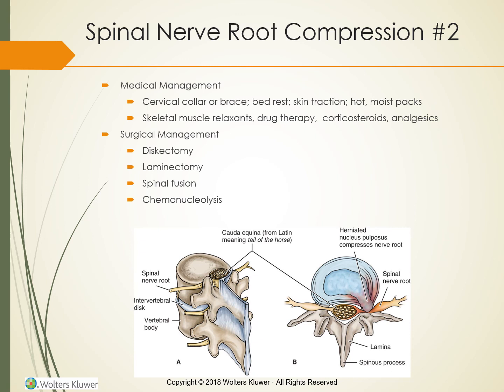Bed rest with a firm mattress and a bedboard is generally used for clients with a lumbar herniated disc. We can also do skin traction, and this can be applied in the home and used to decrease severe muscle spasms, as well as increase the distance between adjacent vertebrae, keeping the vertebrae correctly aligned, and in many instances relieve pain.